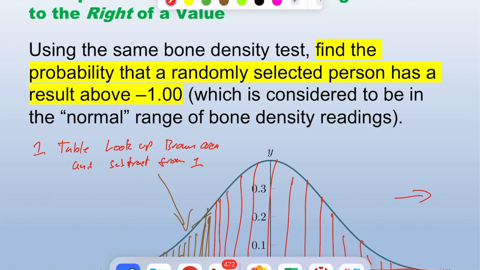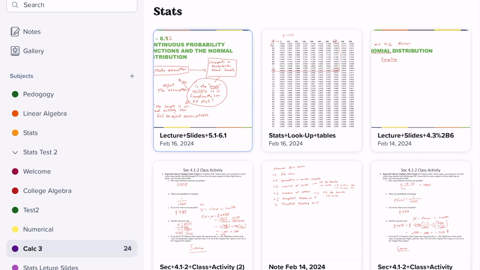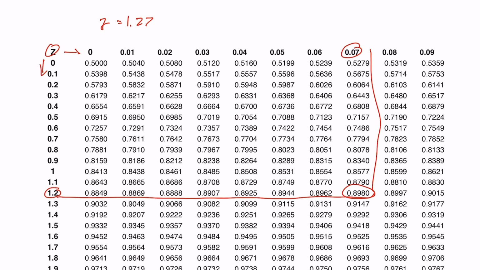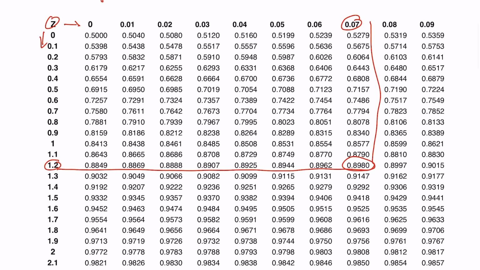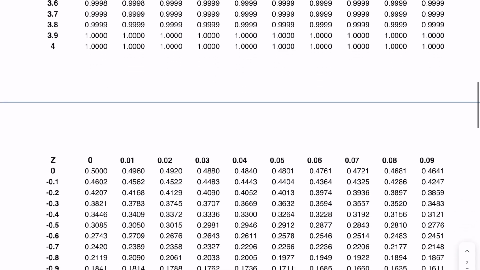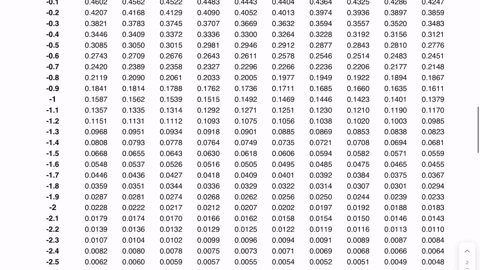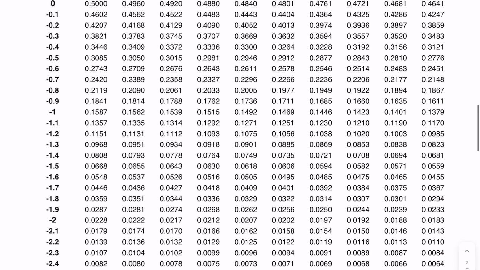The table was found in Notability, so I'll go there. Now it was -1. These are not negative values. Let me go to the next page. Here we go. These are negative values, and there's -1.00, I guess is what I'm looking for. And that's this one right here. 0.1587.